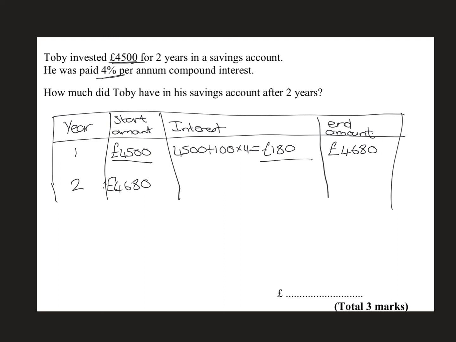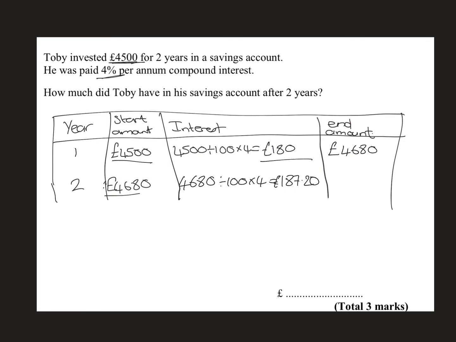So at the beginning of our second year now, we have £4,680. And we're going to go through the process again of finding 4% on that. So 4,680 divided by 100 and times by 4 is £187.20.